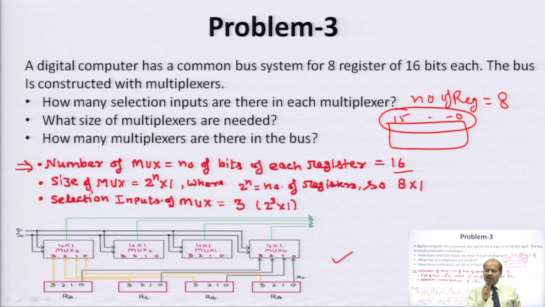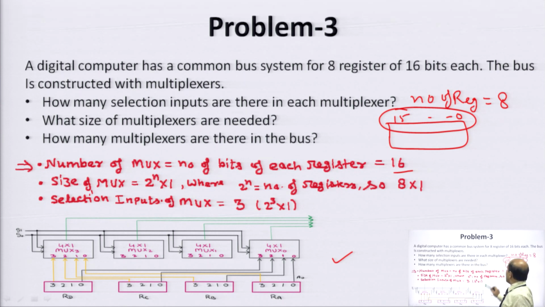And in each multiplexer, every register is connected in terms of bits. In the first multiplexer we are connecting the first bit of all the registers, in the second multiplexer we are connecting the second bit of all the registers. This way all the registers are connected with the multiplexers.